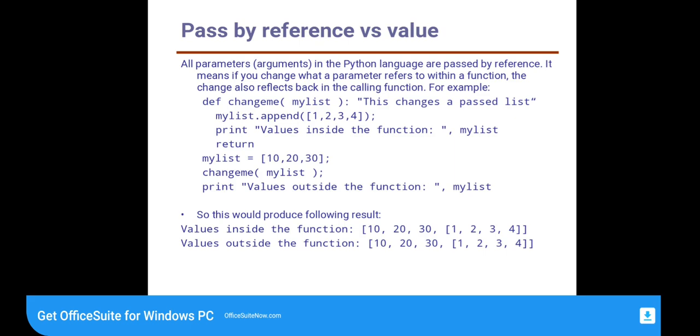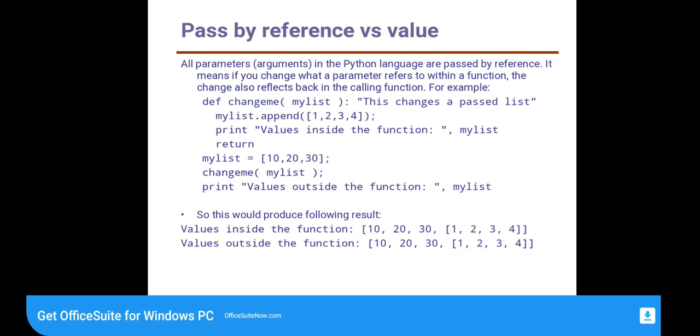Then pass by reference as value. All parameters in the Python language are passed by reference. It means if you change what a parameter refers to within a function, the change also reflects back in the calling function. So this is a simple example for pass by reference as value.